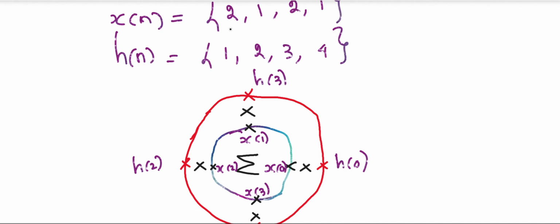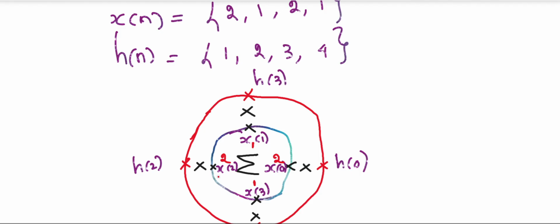The first sequence is 2 1 2 1, x of n. So, x of 0 value is 2, x of 1 value is 1, x of 2 is 2 and x of 3 is 1.